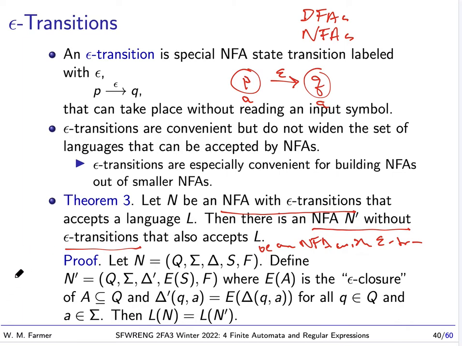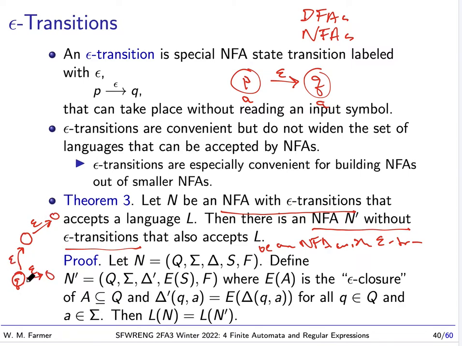So if we have a state and we have an epsilon transition to another state, something like this, and we're at this state, let's call it Q, the closure of Q will be all the states we can get to by using epsilon transitions.